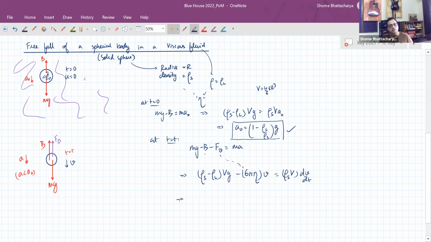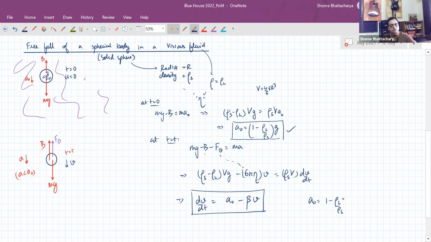So we get a relation that dv by dt, the instantaneous acceleration, when you divide this, the first term is a0 minus some kind of a factor. I'll call that factor beta into v. Or we can also write it as alpha minus beta into v, whatever. So here a0 is basically 1 minus density of liquid upon density of solid.